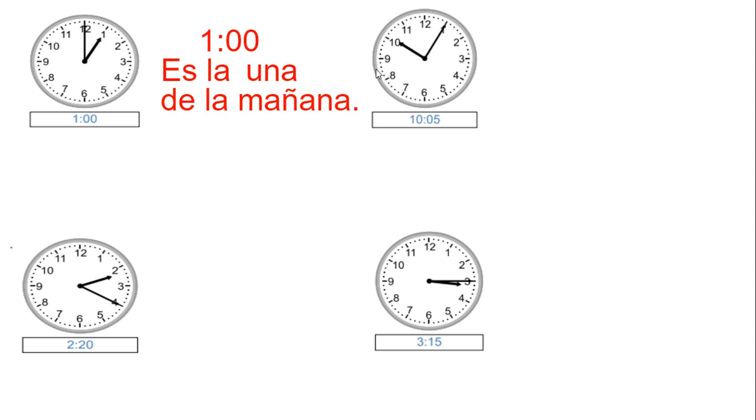Okay, the next clock we're going to do says 10:05, and we're going to do PM. So first of all, before we do anything with the morning, afternoon, or evening, is 10 o'clock, is 10 singular or plural? So 10 is plural. So we should have son las. The number word for 10 is diez.